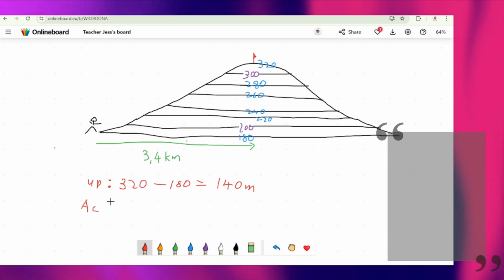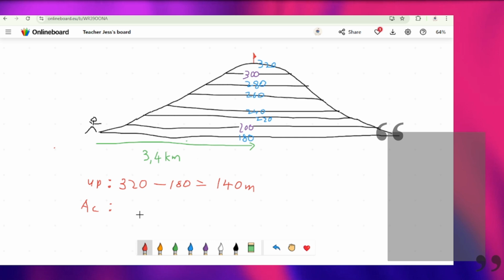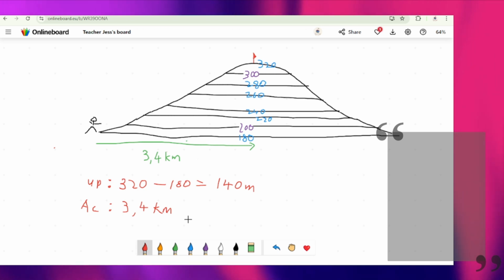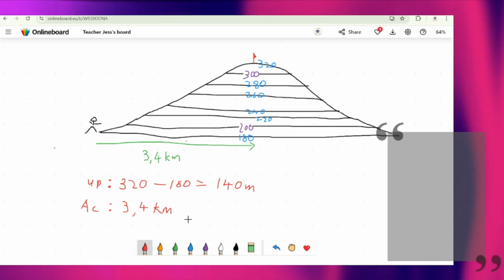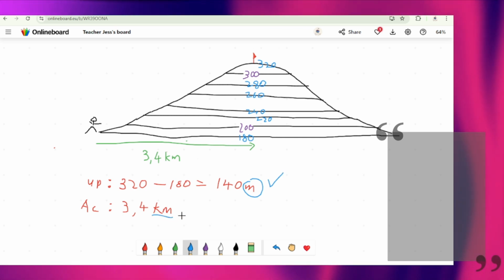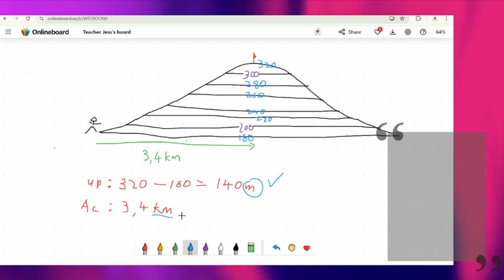I'm just going to abbreviate it to AC. Now he walked 3.4 kilometers across. But hopefully at this point you have a few red flags going off and you realize that we haven't checked off everything that we need to. This is in meters. Fantastic. But this isn't. That's not good enough. We need that to be in meters.